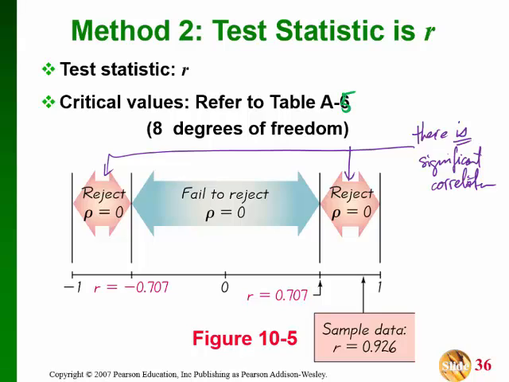And when you fail to reject, there is no significant correlation. Okay? So that's what you would write in your conclusions.